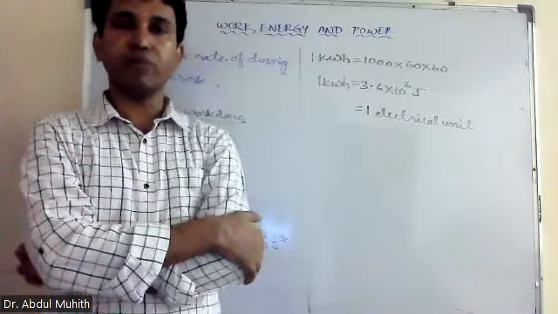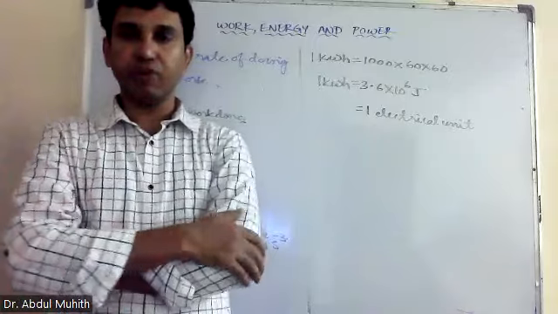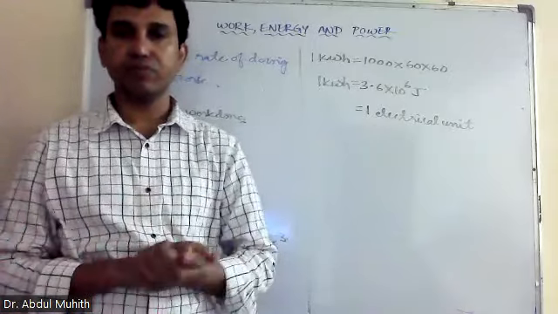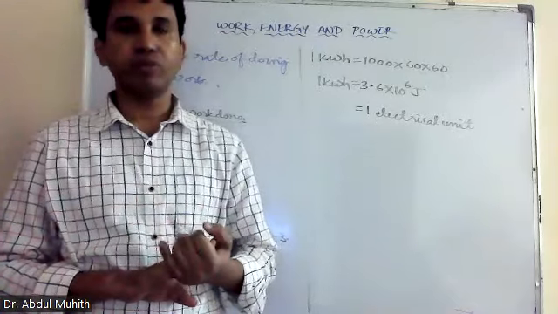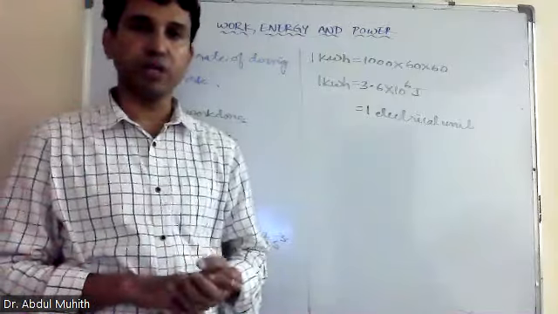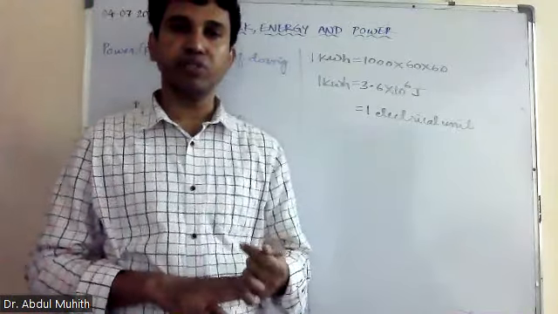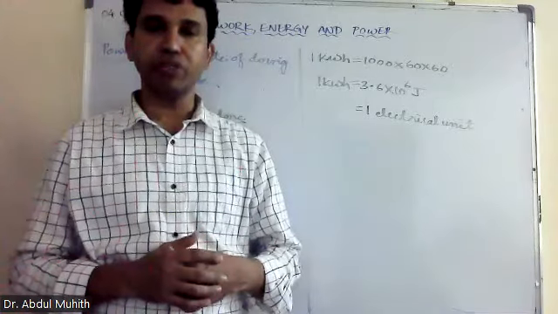And what is the dimensional formula for work? ML square T to the power minus 2. And the unit of work is joules, or kg meter square per second square.